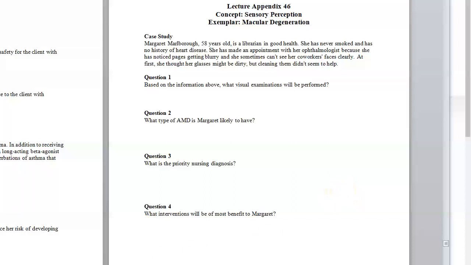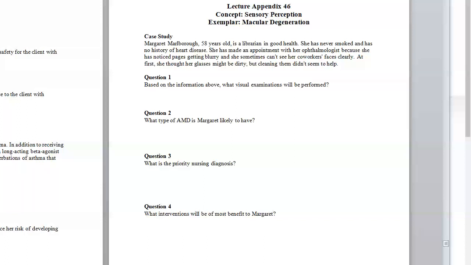So her condition is definitely very concerning. And if you go back and look at your book, this type of macular degeneration is very slow to progress. And I would also suggest that she have better lighting, to make sure that, in order to see better, she would have good lighting.